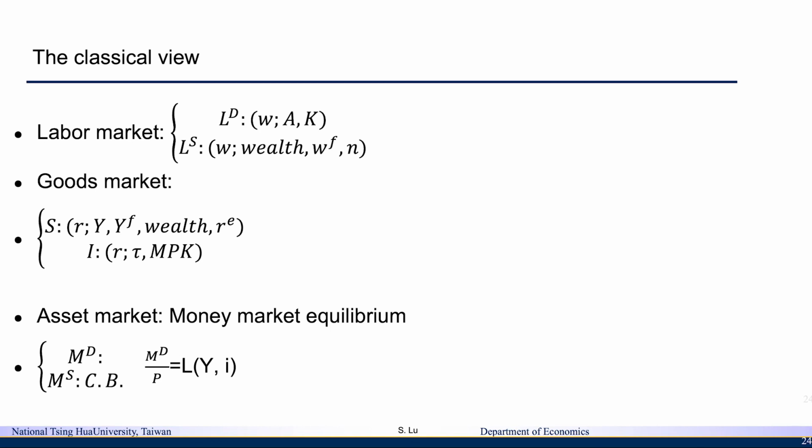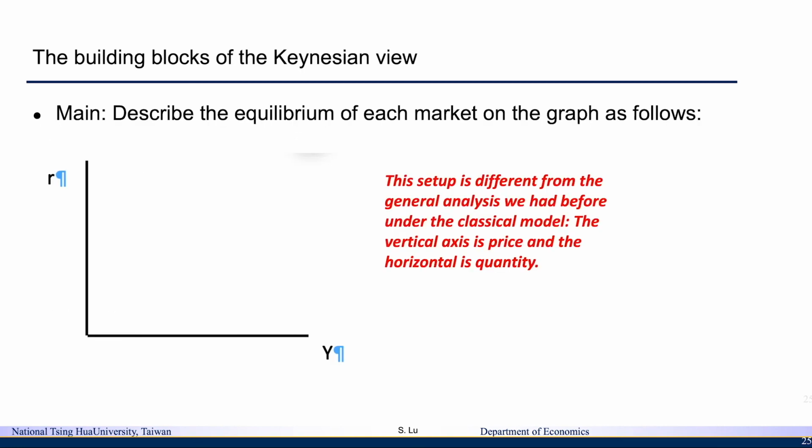Then, based on what we learned before, we started to develop the building blocks of the Keynesian view. The key component is that we draw the equilibrium on a diagram where the vertical axis is R and the horizontal axis is Y. And this is different from the classical view.